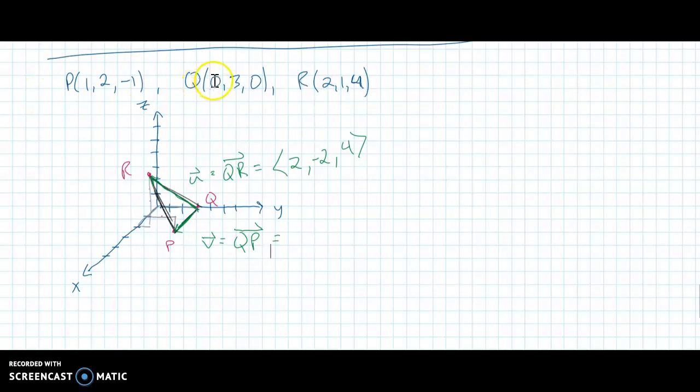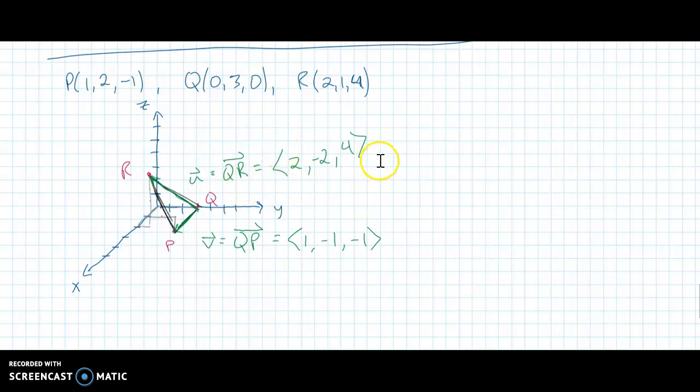So Q to P is, all right, 0 to 1 is 1. 3 to 2 is negative 1. And then 0 to negative 1 is negative 1.